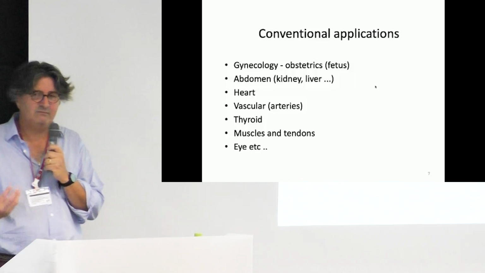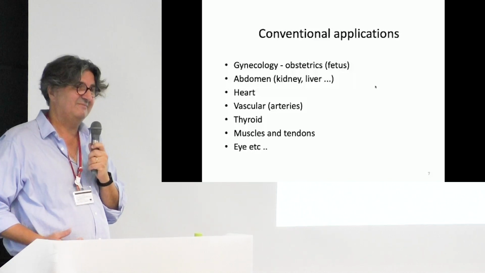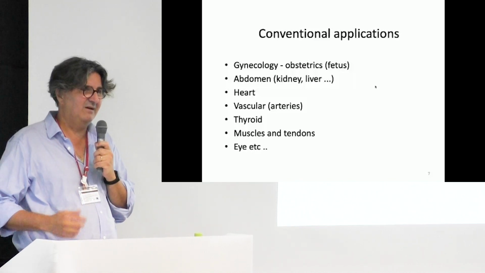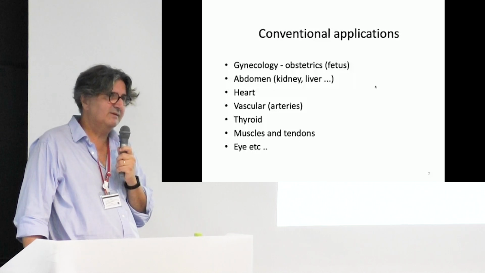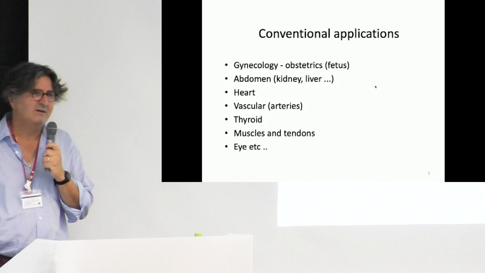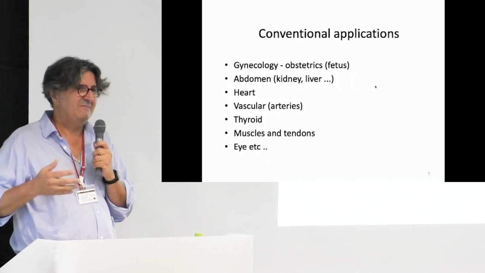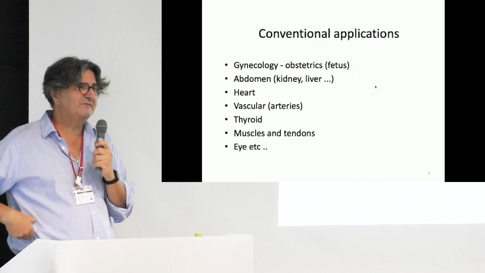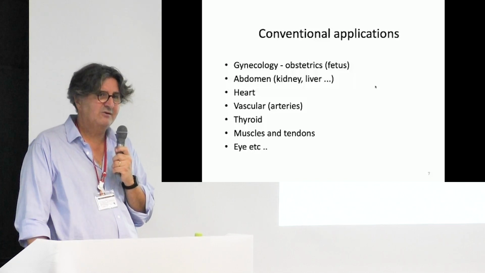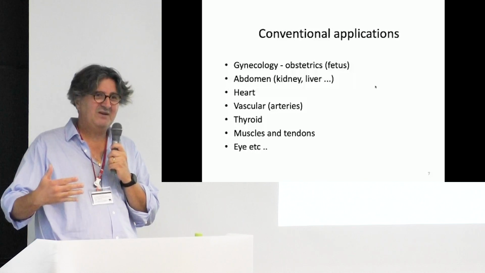There is one difficulty that is not investigated yet. This is the brain, because you have the skull, and the skull is very rigid. So you have a very strong impedance mismatch between soft tissues and the skull. And because of this strong impedance mismatch, most of the energy is reflected.